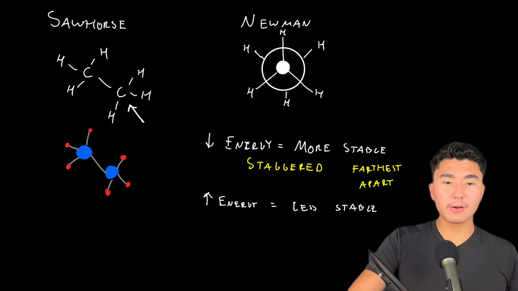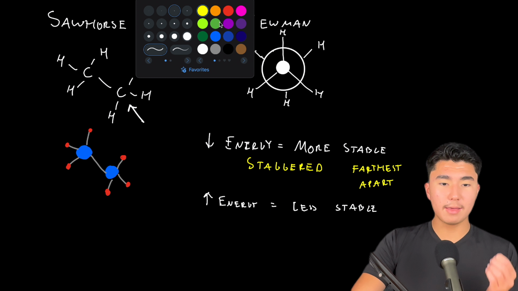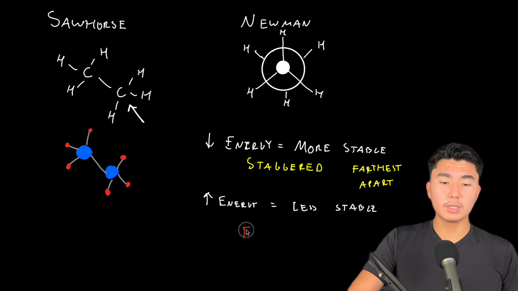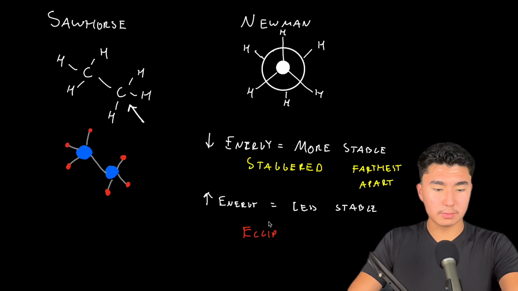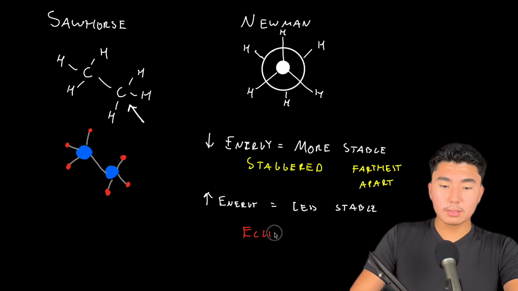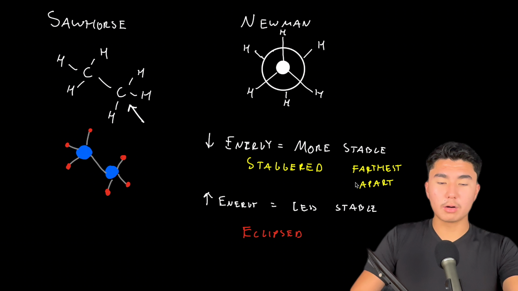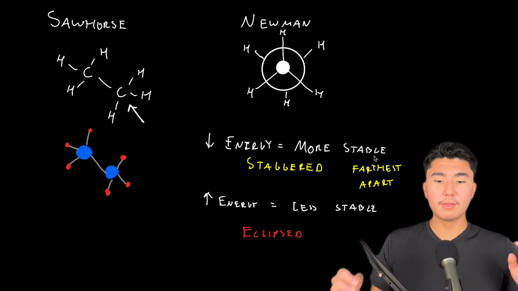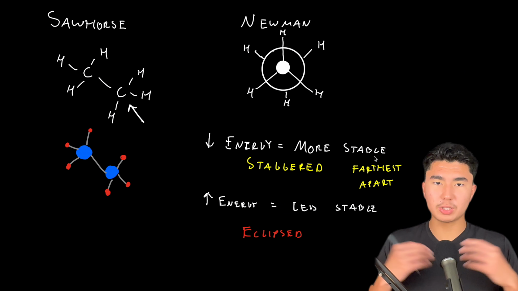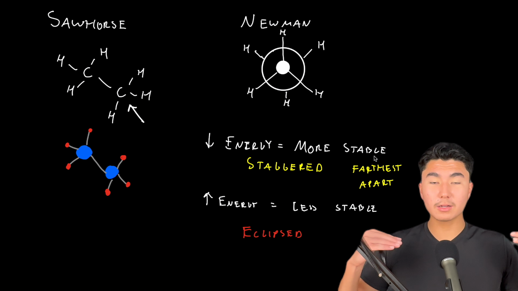Now, if we have high energy, this is going to be less stable. And this is going to create something called the eclipsed conformation. This is pretty much the opposite of staggered, when they're the closest together.